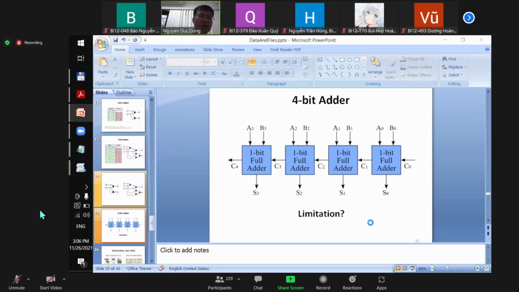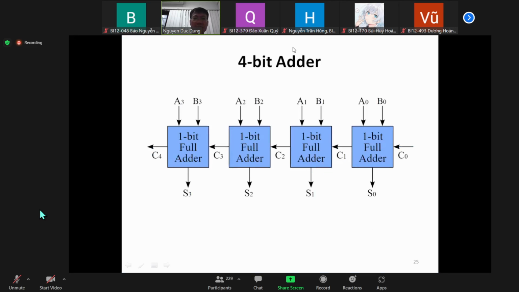Yes, so you know that it's difficult, and this is because in order to add two numbers of 4 bits, for example, I take the first digit of the two numbers, and the first carry in is 0, to produce S0.